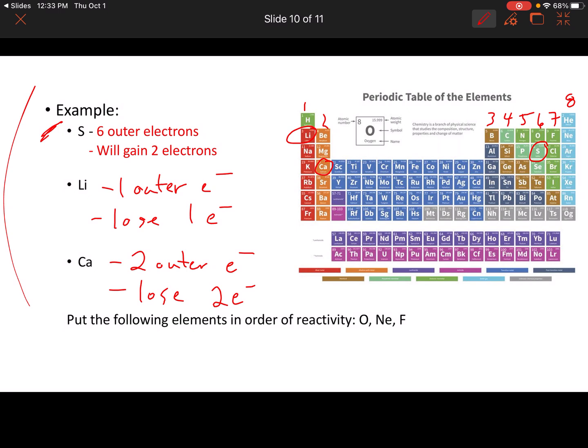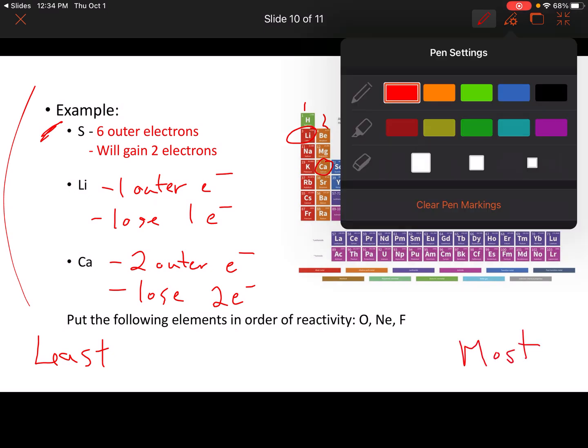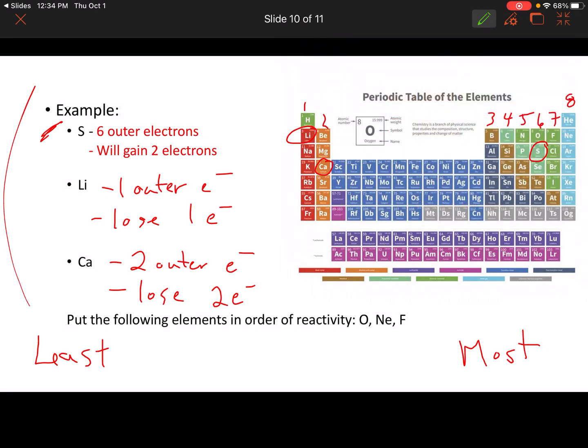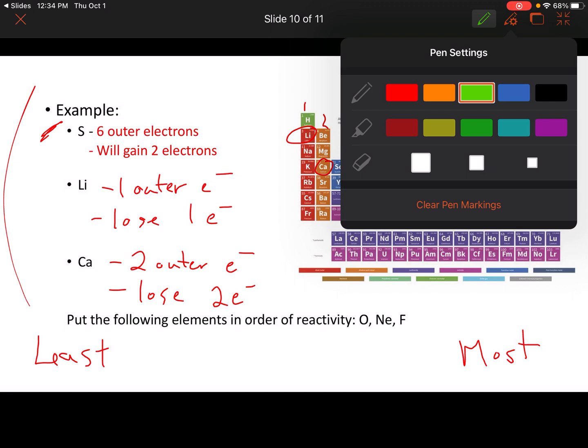So put the following elements in order of reactivity. So oxygen, neon, fluorine. So let's go, least reactive to most. So out of these 3, oxygen, neon, and fluorine, let's change our color here and circle them on the periodic table. Let's go blue.